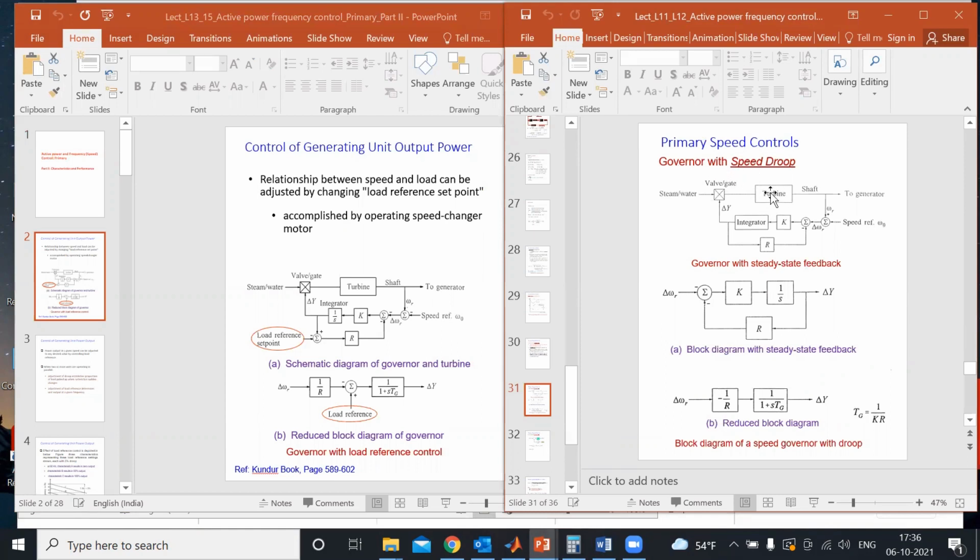So you had the turbine, the measurement of speed, reference speed here, and then speed deviation at this part.